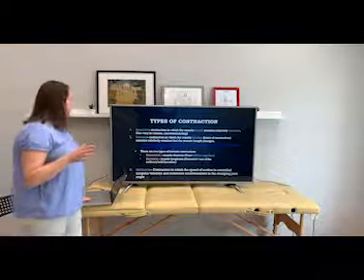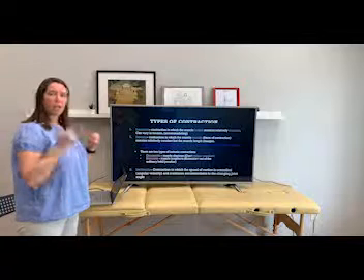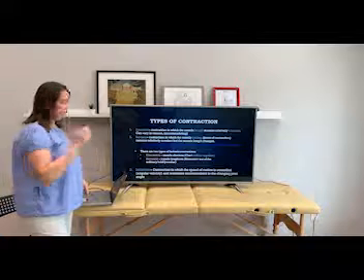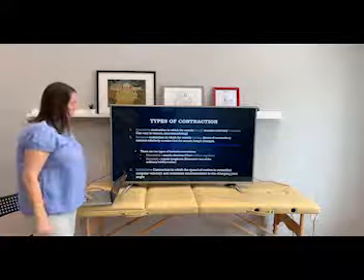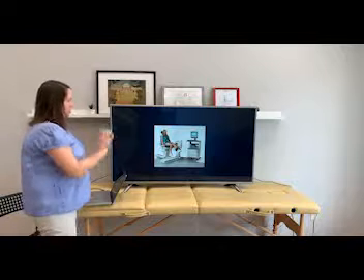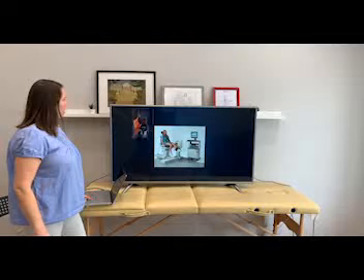Isometric contractions stay at the same length. Isotonic can either be shortening or lengthening as tension is developed in the muscle. And isokinetic is where the speed stays constant, and you need a machine to do it. It's not really something that happens naturally.